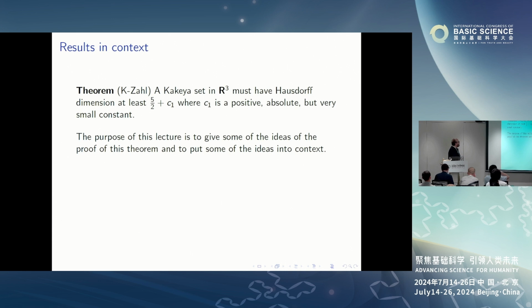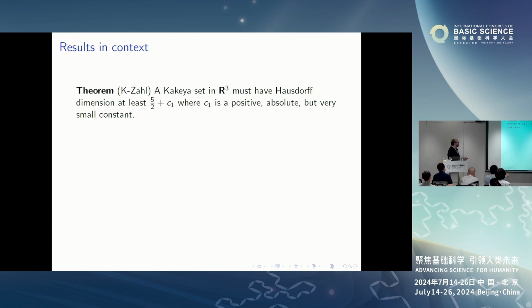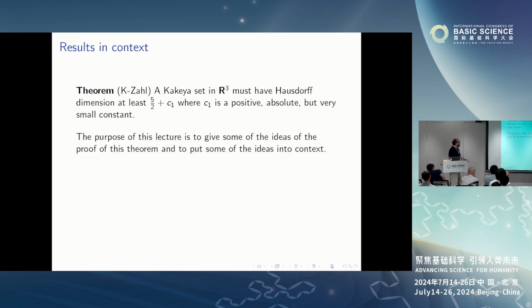That's bad. Okay, so I'm just restating this result. And the result is very technical, so you will all be disappointed. I will not give a rigorous proof of the result in this talk, but the purpose is to give some of the ideas of the proof and to give those ideas some context.